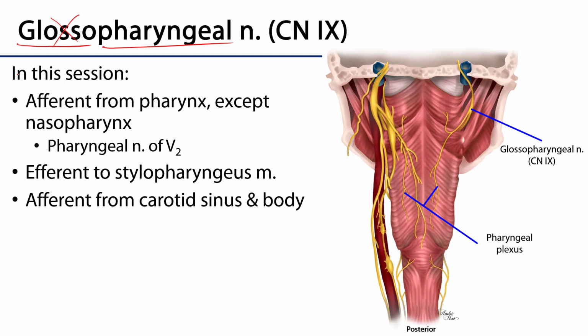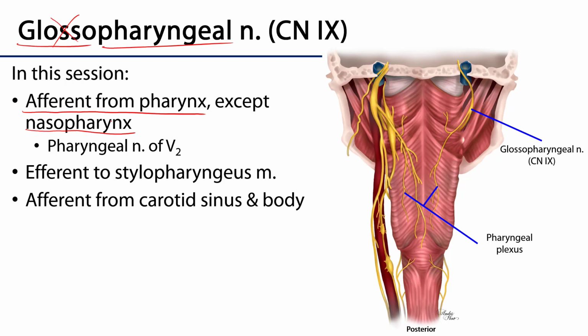But in this session, it's important to understand that the major contribution of the glossopharyngeal nerve is that it is the major afferent for the pharyngeal plexus. The pharyngeal plexus does not afferently serve the nasopharynx. The nasopharynx is the portion of the pharynx which is contiguous with the nasal cavity.